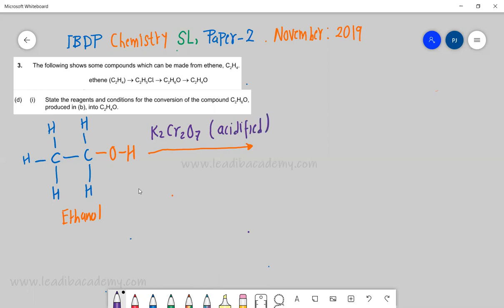If you don't want to give K2Cr2O7, that is potassium dichromate, you can give potassium manganate, KMnO4. Again, this has to be acidified. So this can be used, and then you distill off.